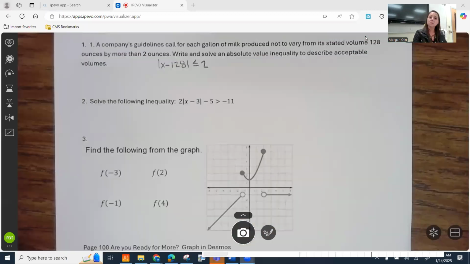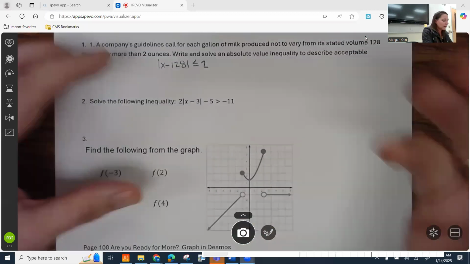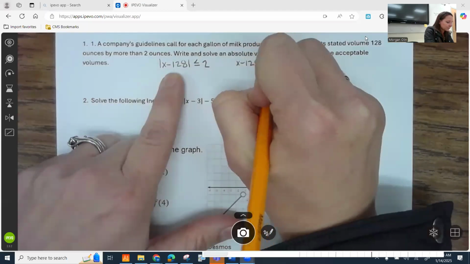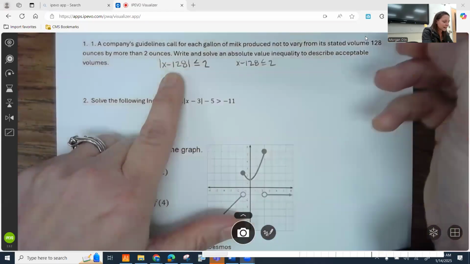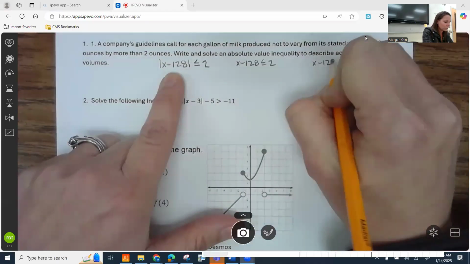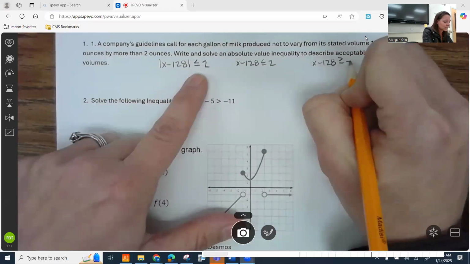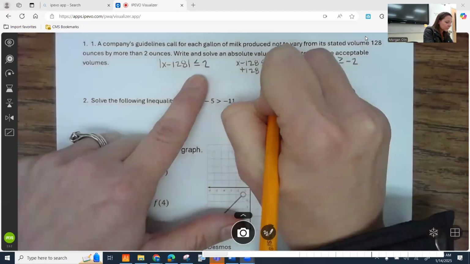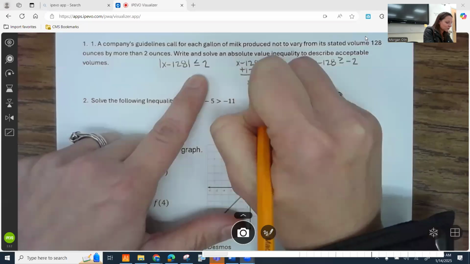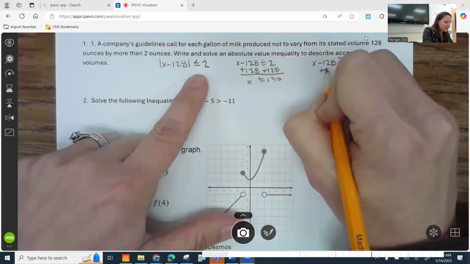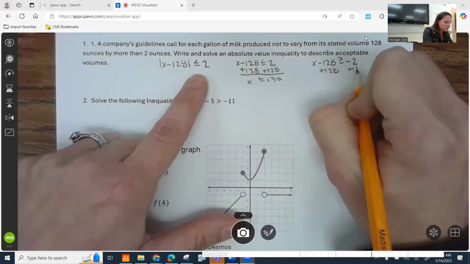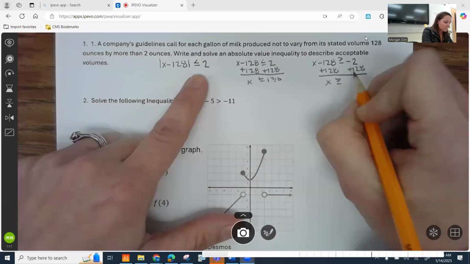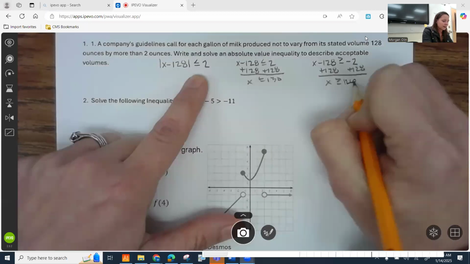Now, if they want you to solve the inequality, we can set up two inequalities and solve them by hand. Keep one as is, and for the other one, we flip the sign and change that to negative. When I solve this, I get x is less than or equal to 130. And here, when I add 128, I get x is greater than or equal to 126.